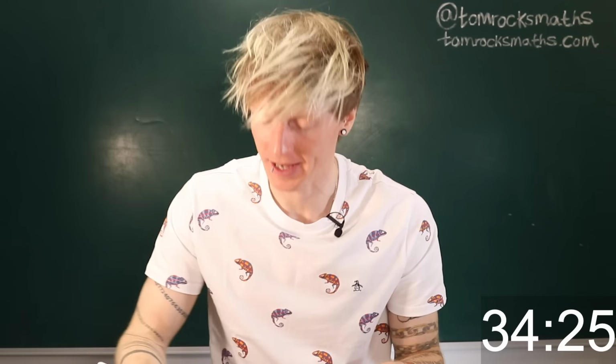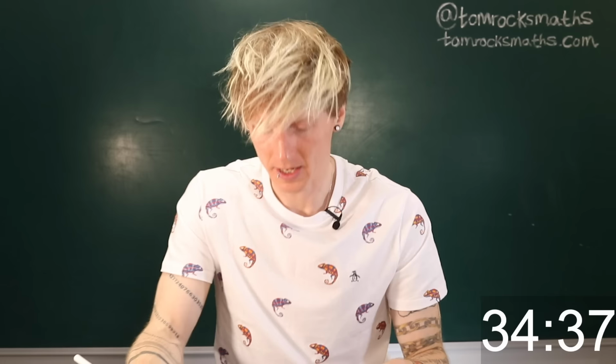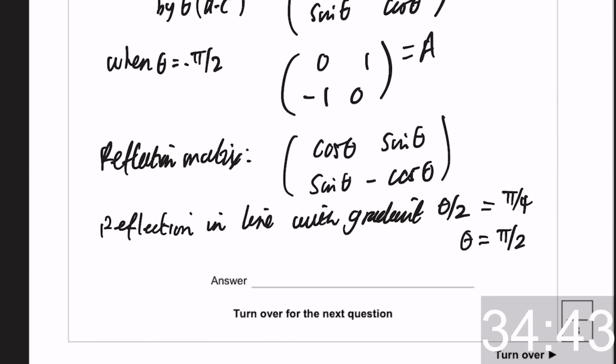Okay, it's just multiplication time. First row, first column is minus 1. First row, second column is 0. Second row, first column is 0. Second row, second column is 1. So I think it's minus 1, 0, 0, 1. Interesting. So I think my answer is minus 1, 0, 0, 1.